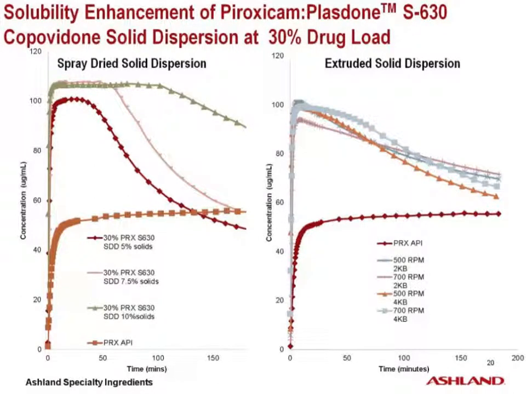For the spray-dried solid dispersions, significant improvement in dissolution was observed compared with crystalline API, and the solid concentration in the feeding solution also has a big impact on the dissolution performance. In this case, the higher solid load in the feeding solution generated samples with a longer supersaturation time period.